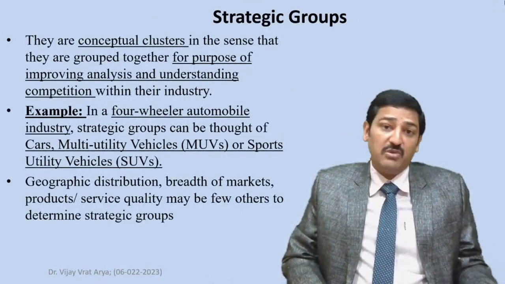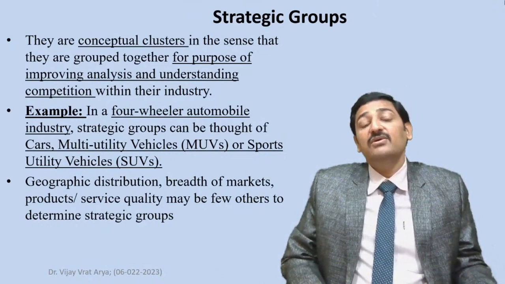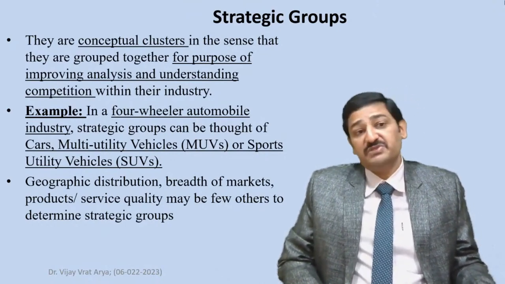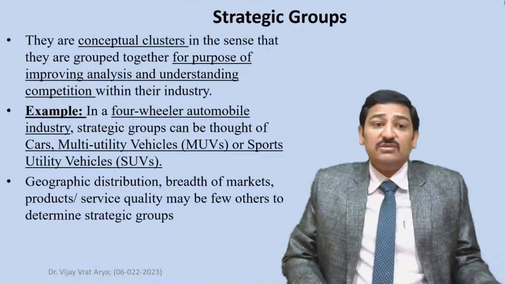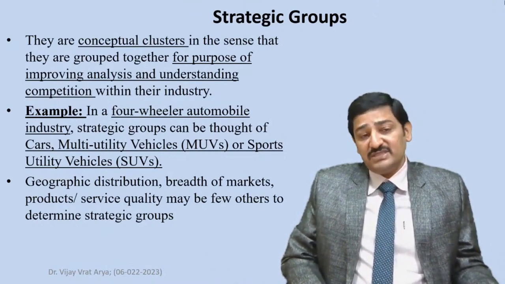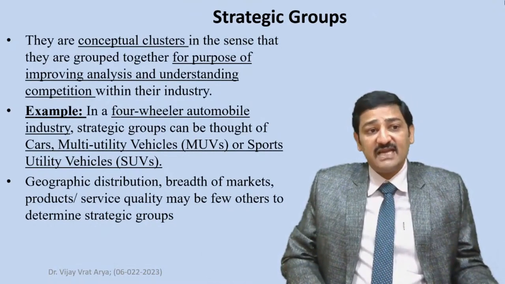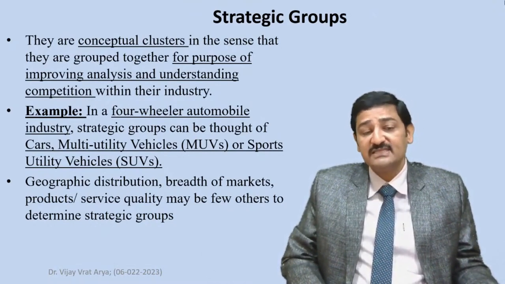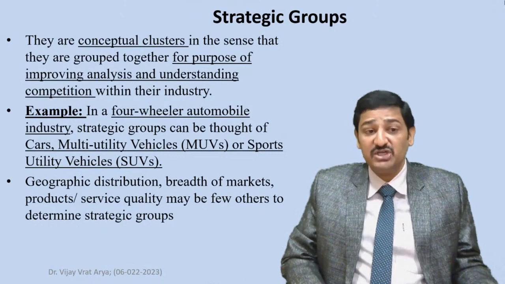Based on this Porter's five forces model, we also need to understand the concept of strategic groups. They are conceptual clusters, in the sense that they are grouped together for the purpose of improving analysis and understanding of the competition within their industry.